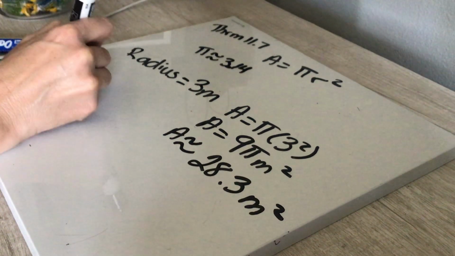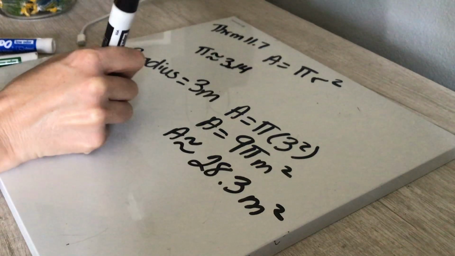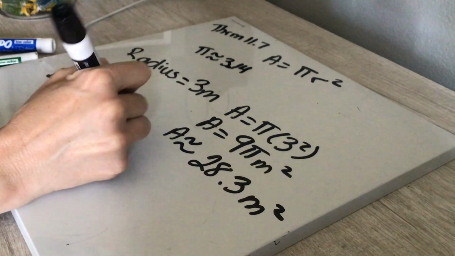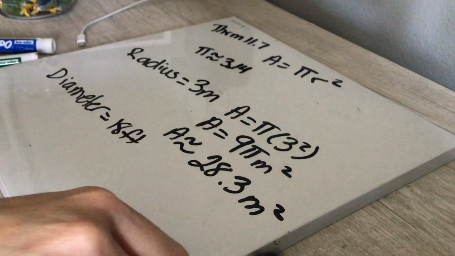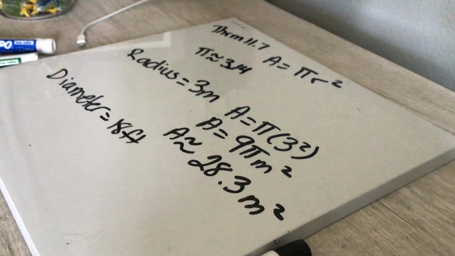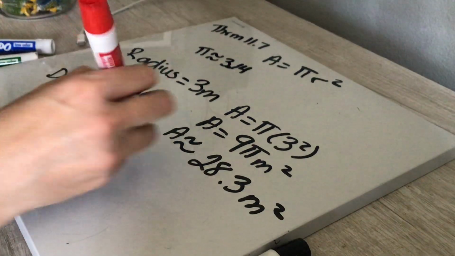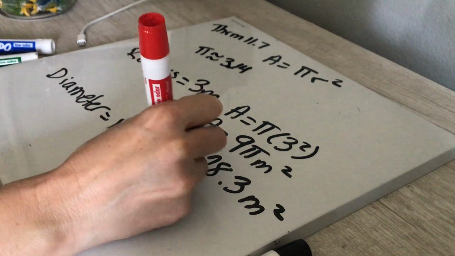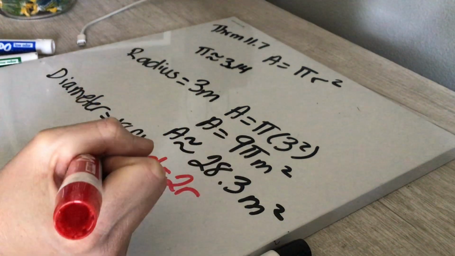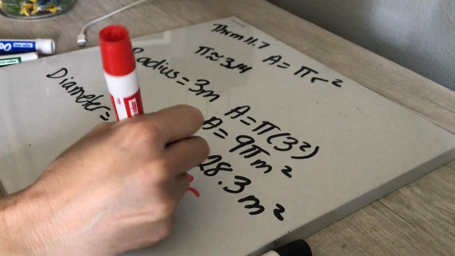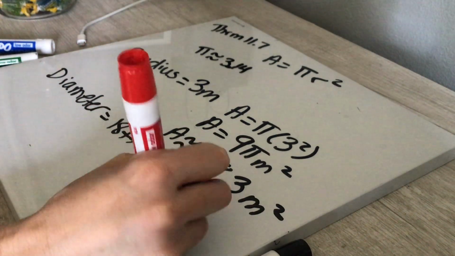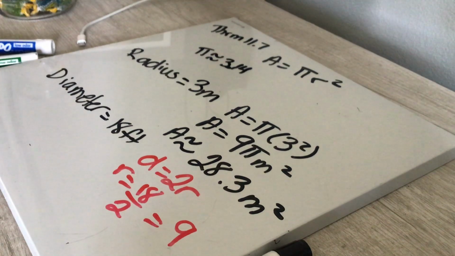Okay, if I have a circle that has a diameter of 18 feet, I want to find its area. Okay, but area says you need to know your radius. So we know that the diameter is twice the radius. So the radius is going to be the diameter divided by 2. So in this case, our radius is 9 feet.